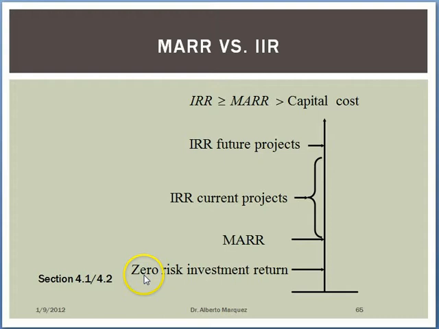So the minimum attractive rate of return should be larger than the zero risk, and above that, the projects to be selected should have an internal rate of return larger than the minimum attractive rate of return. Essentially the minimum attractive rate of return should be larger than the capital cost. And we're going to devote some time computing the capital cost later on.